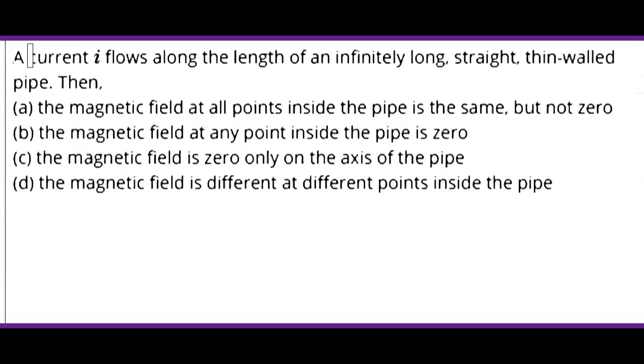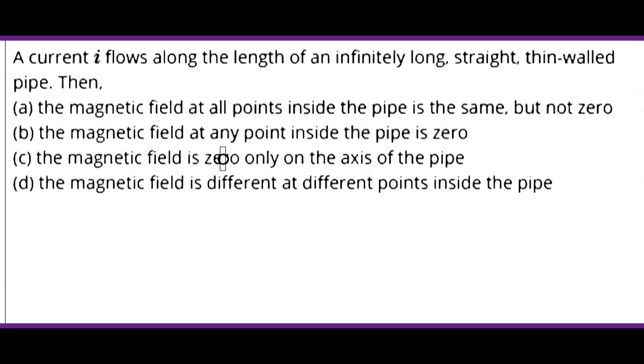Hello everyone. A current I flows along the length of an infinitely long, straight, thin-walled pipe. Then, the magnetic field at all points inside the pipe is same but not zero. The magnetic field at any point inside the pipe is zero.